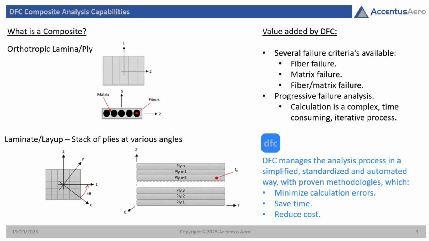The other big advantage is that we have a method for progressive failure analysis, which is a complex and time-consuming process. So again, DFC manages this analysis process in a simplified, standardized, and automated way with proven methodologies to minimize calculation errors, save costs, and save time.